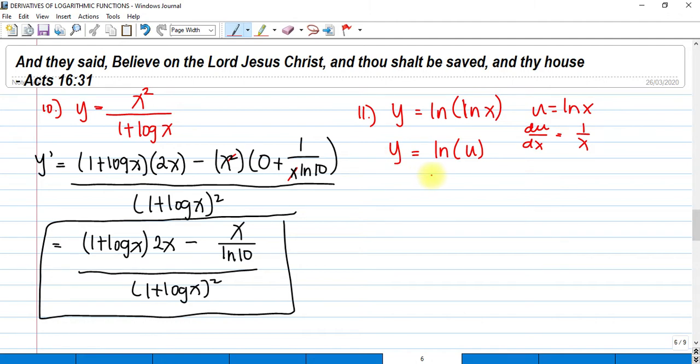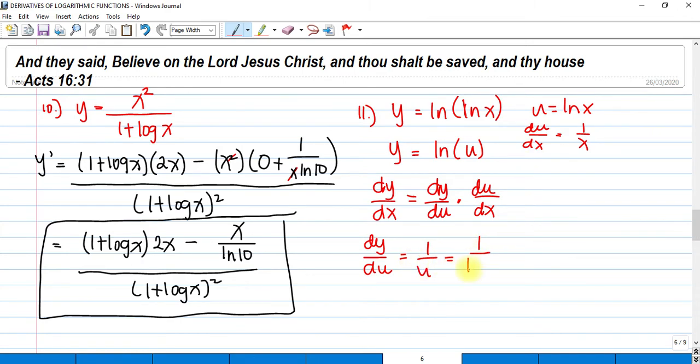That is our y. Okay? And what will happen here, again, in order for us to get dy over dx, we have to use the formula dy over du multiplied by du over dx. So we have du over dx, which is 1 over x. We're going to get dy over du. dy over du is simply the derivative of y with respect to u, which is 1 over u. But u is equal to ln of x.